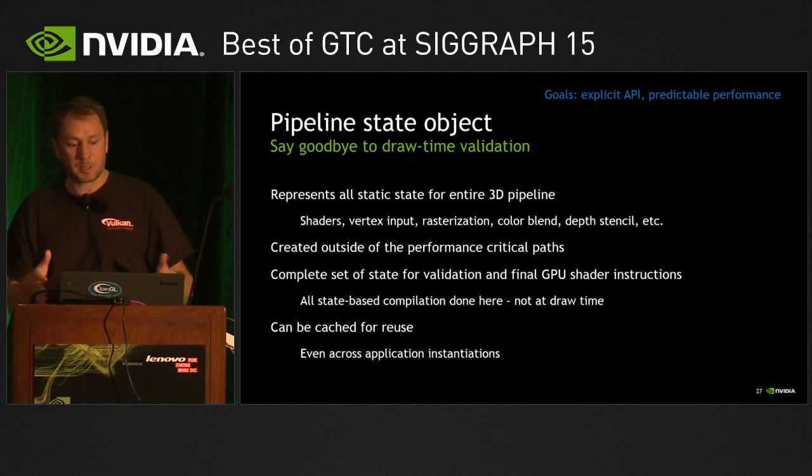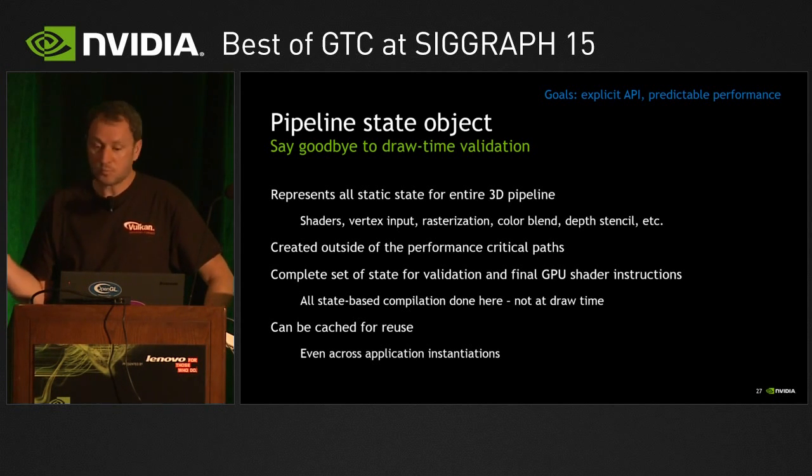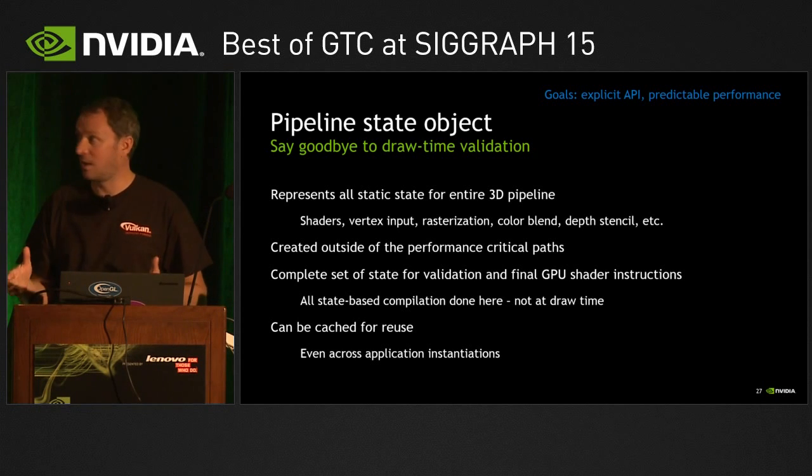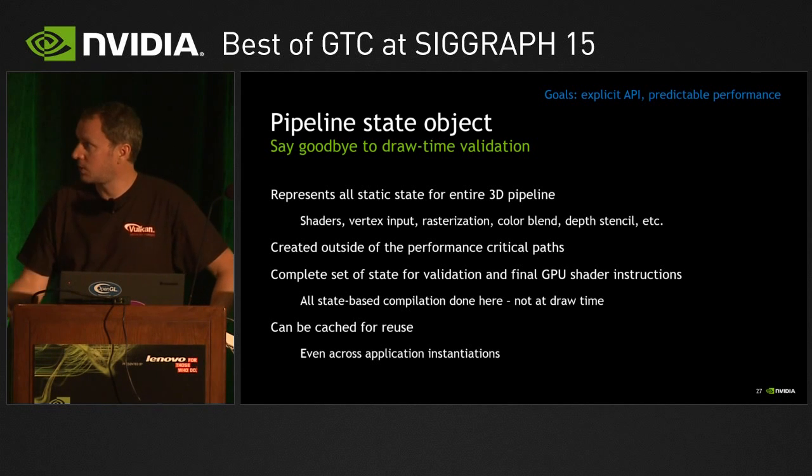But now, with a pipeline state object, all the shader compiles are done in the pipeline state object, no more. So when you switch between different pipeline state objects while drawing, you know that there are no shader compiles happening in the background.